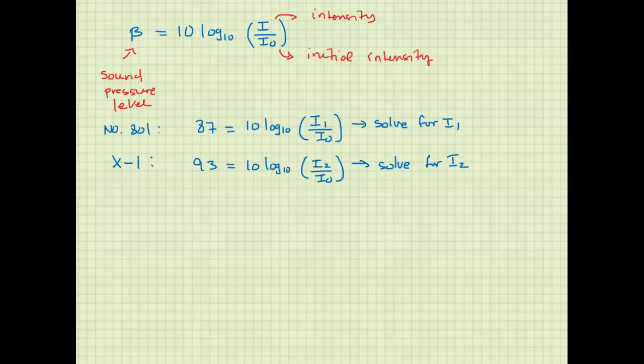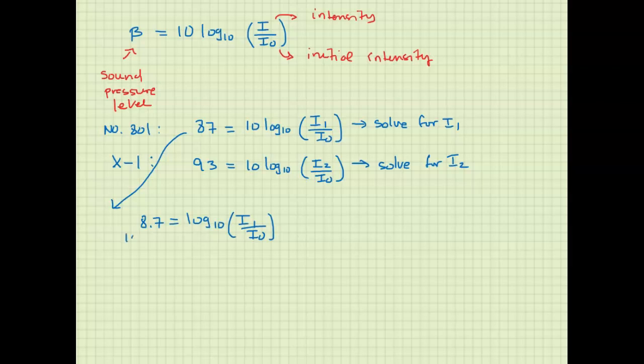Okay, so we got to solve for I1. So in this first equation, we're going to do 87 divided by 10. We got 8.7 equals log base 10 of I1 over I0. We're going to change this to an exponential. So we're starting with the log equation, and we're trying to get rid of logs.